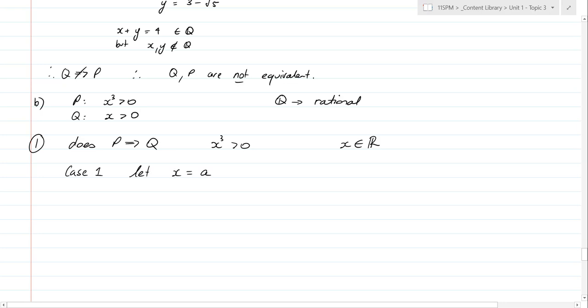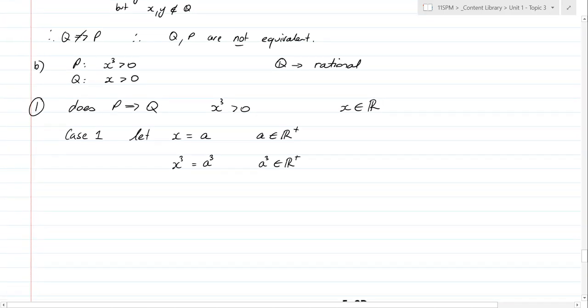Let x equal a such that a exists in the positive real numbers. First of all, we know x cubed is greater than 0, so we're not dealing with equals 0. So let's say x equals a such that a is a positive value. I should really swap this around, so I'm going to swap this around because I've got it the wrong way around, but you're going to see where we're heading.